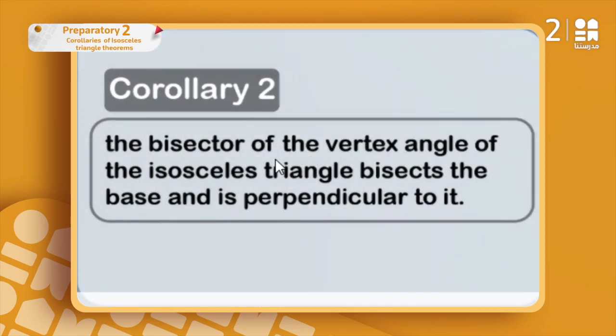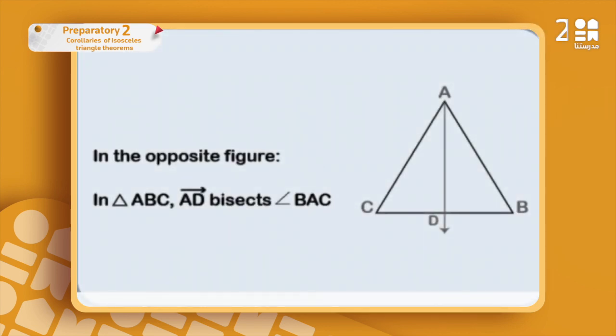Corollary number 2 states that the bisector of the vertex angle in the isosceles triangle bisects the base and is perpendicular to it. Let's see the opposite figure in the isosceles triangle ABC. The ray AD bisects angle BAC.